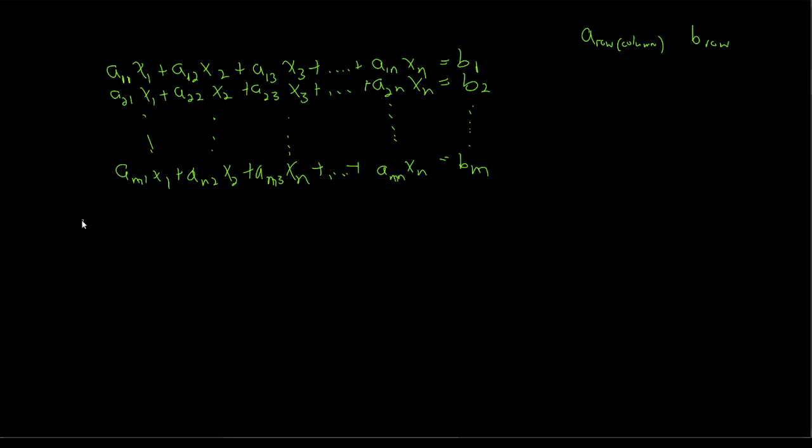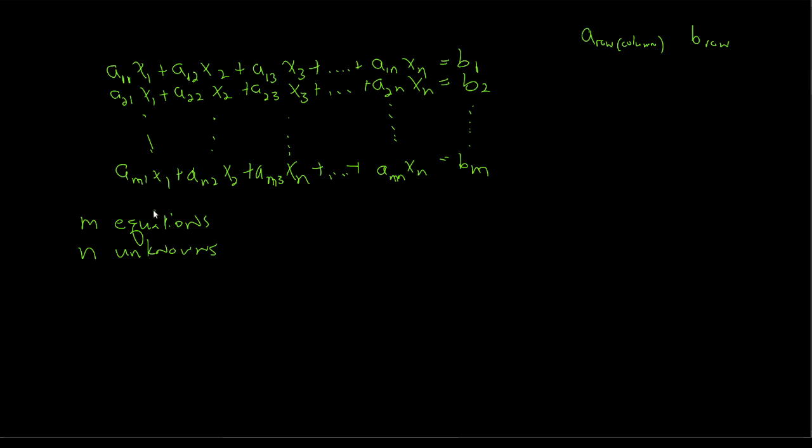And so I have m equations and n unknowns. And I identify each equation with the first number, and I identify the unknown that a constant is associated with by the second number. And there's a geometry in this.